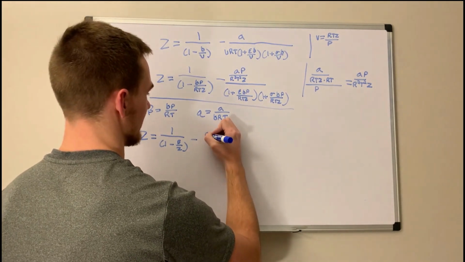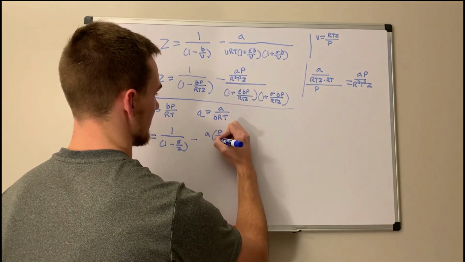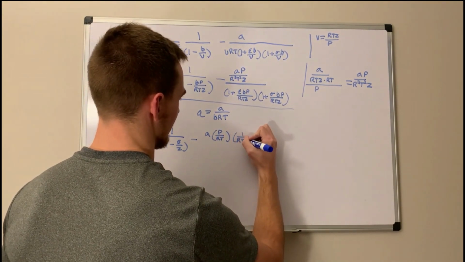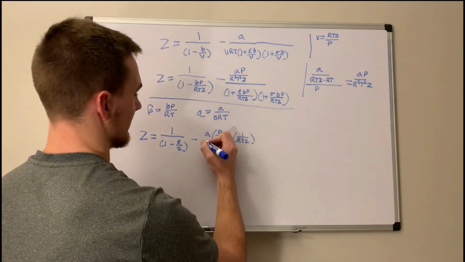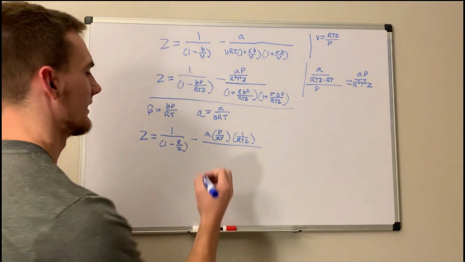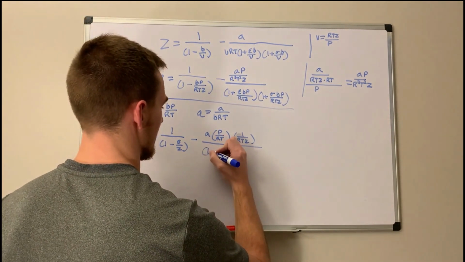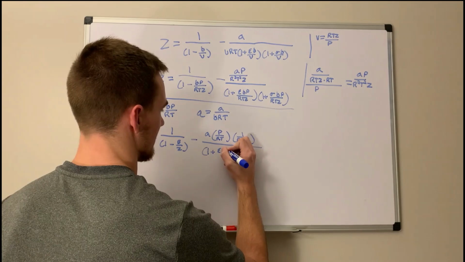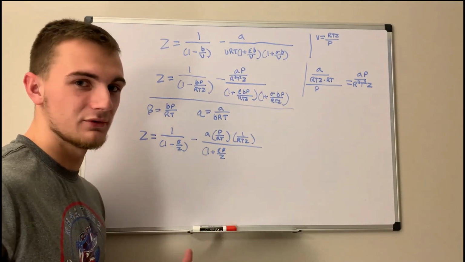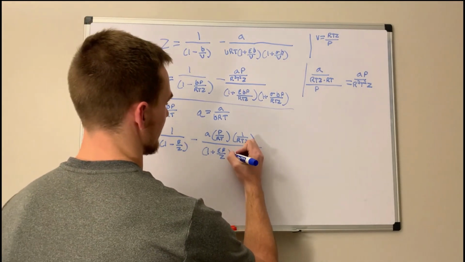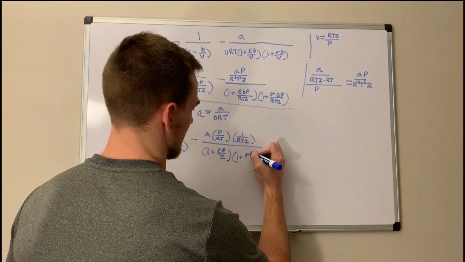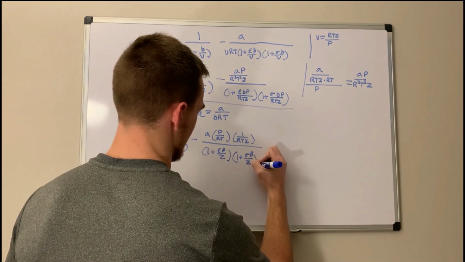I'm going to write this as A times P over RT times 1 over RTZ, which will make sense in a second. And this will all be divided by 1 plus epsilon beta over Z, again, BP over RT substituting in beta, and this will be multiplied by 1 plus sigma beta over Z. Okay?